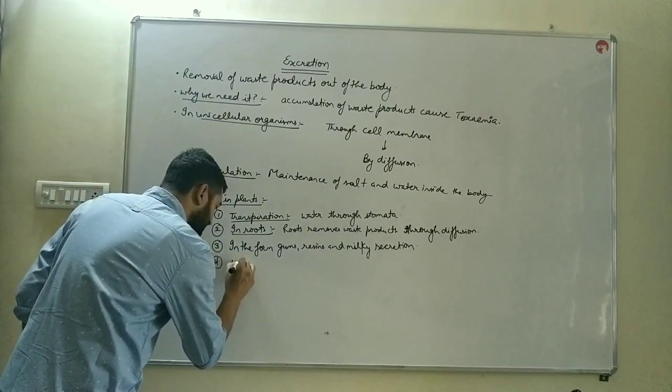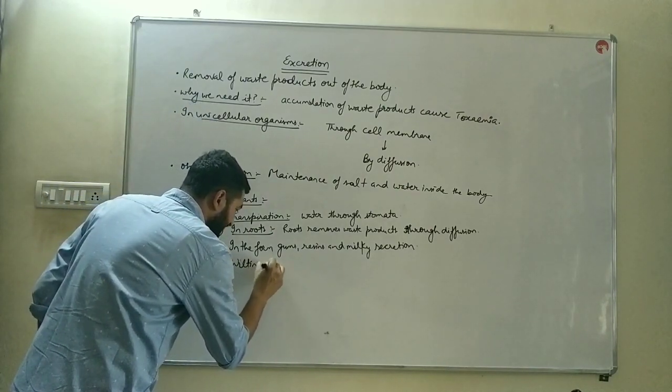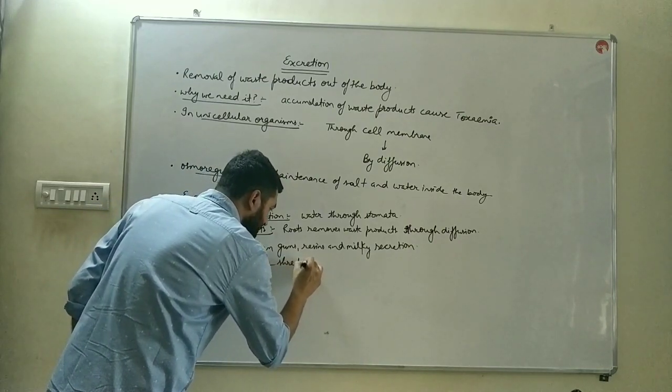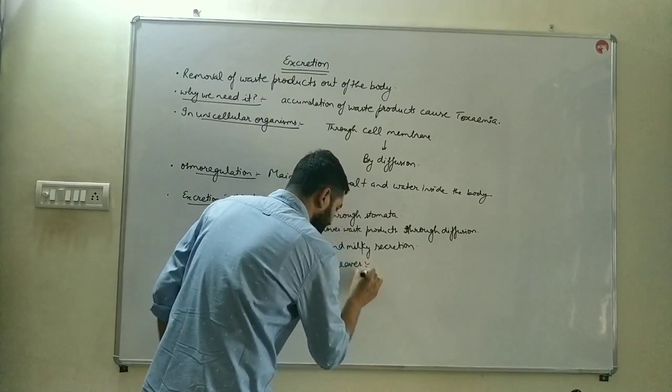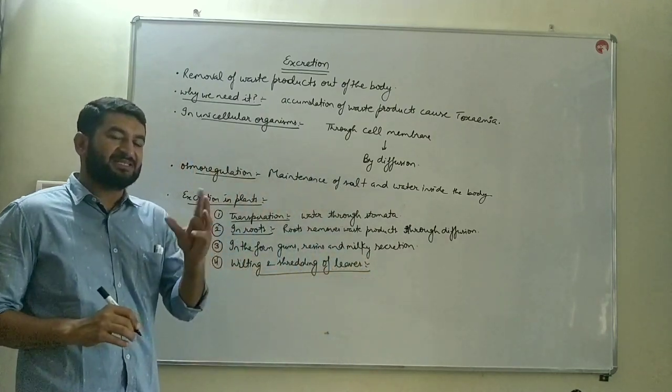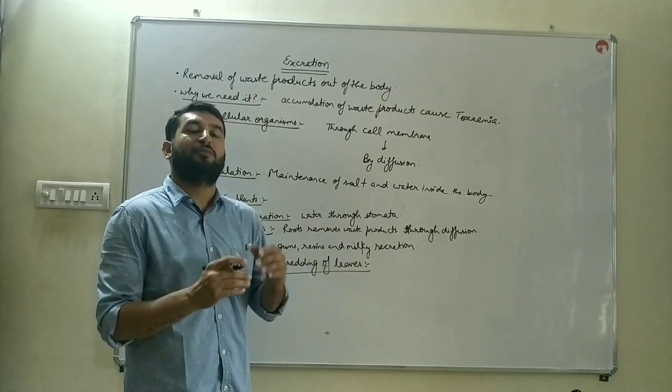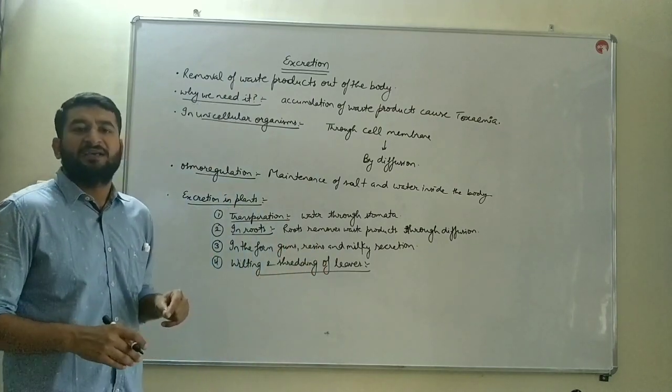Next, wilting and shedding of leaves. Leaves of the plant contain certain solid waste in soluble forms.